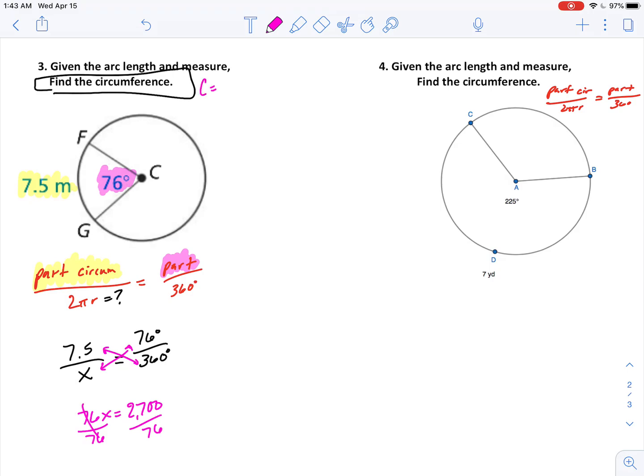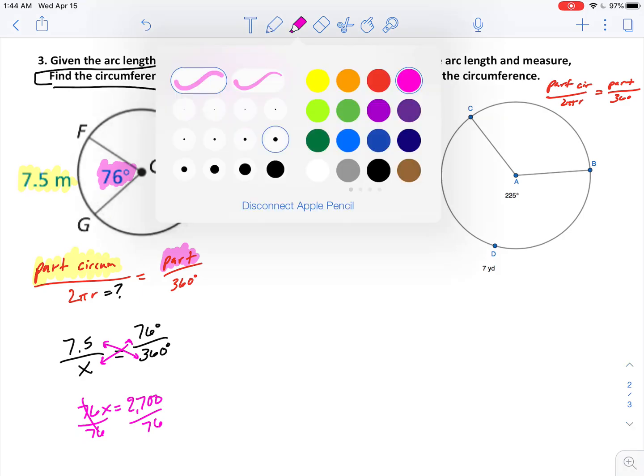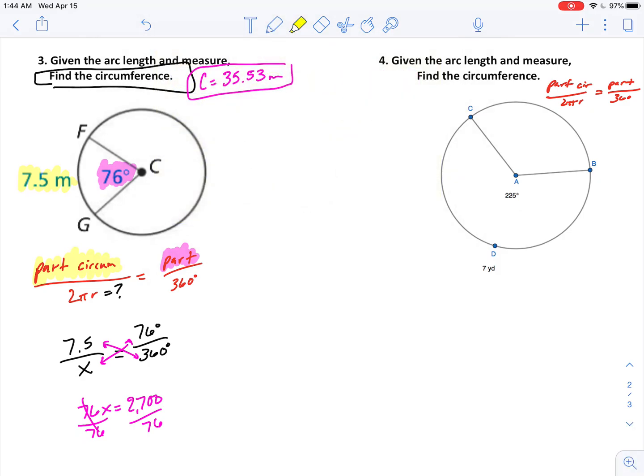And if I simplify this, I get 2,700. And then to get x by itself, I'll just divide by 76. And I'll get that the circumference equals 35.53 meters.